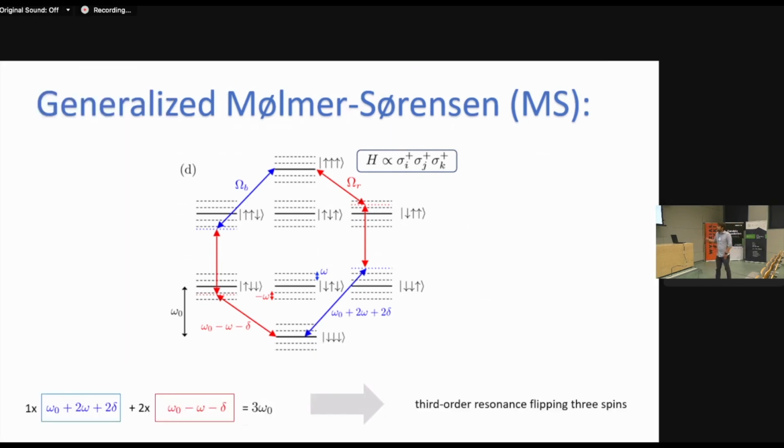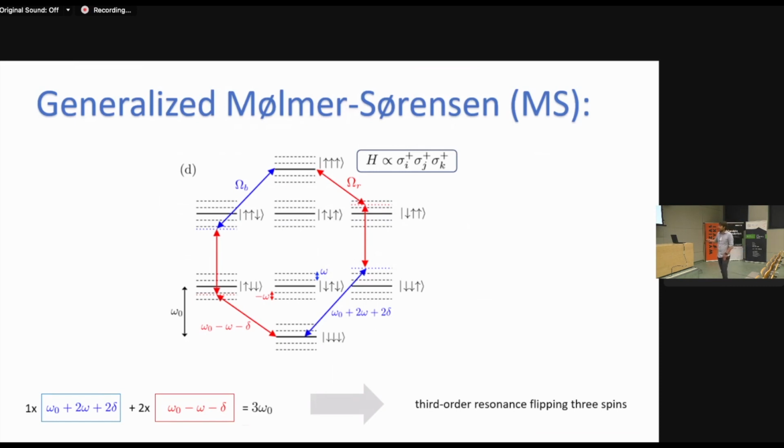What's shown here are the different spin levels of three spins, and the dashed lines are the phonons above these spin levels. You see that this blue coupling creates two phonons, whereas the red coupling removes one phonon. So we have a red first sideband and a blue second sideband transition, and both are, of course, a little bit detuned, with these energies written here.